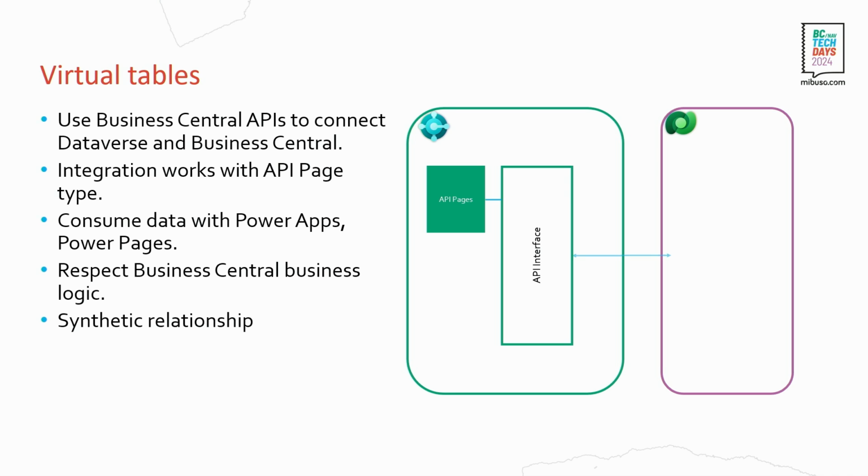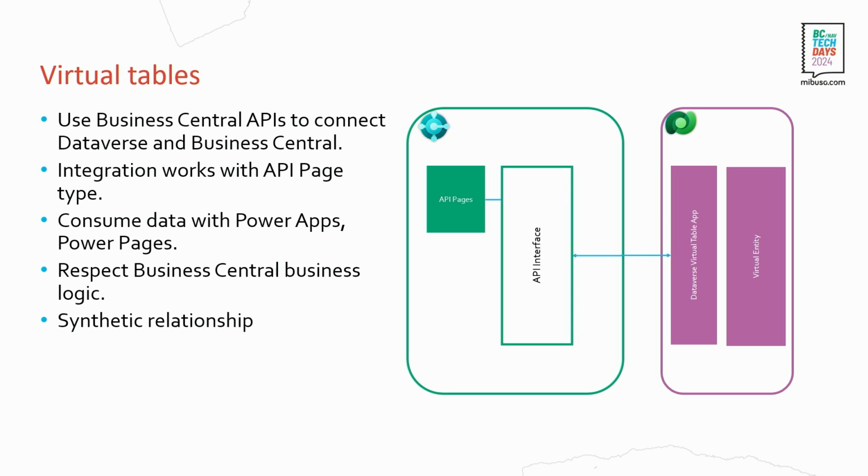To enable virtual tables and integration between Business Central and Dataverse, we need to have the business virtual tables application installed, which will be responsible for communication between Business Central and Dataverse. And then once we have this installed, we will see our data inside the Dataverse. Also, if you are using your custom APIs, custom pages, you can plug them and use them in Dataverse.